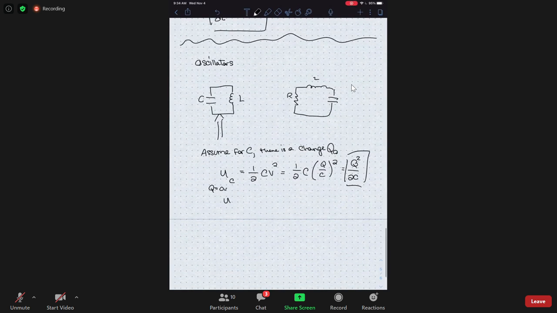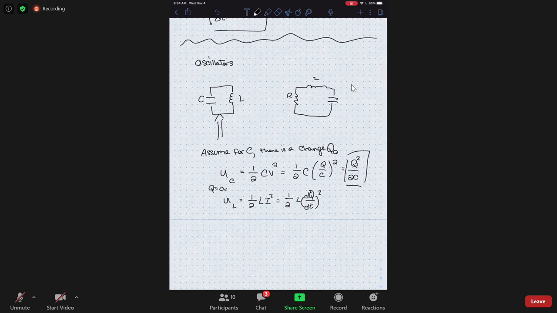Likewise, the energy stored in the inductor is always equal to 1/2 Li squared. And this is 1/2 L (dQ/dt) squared.